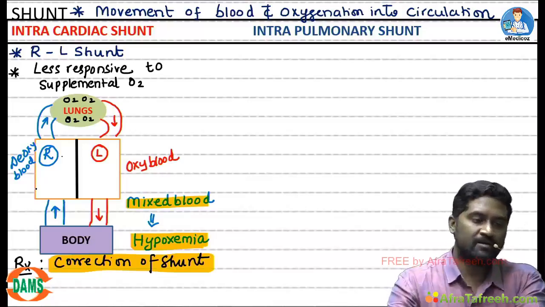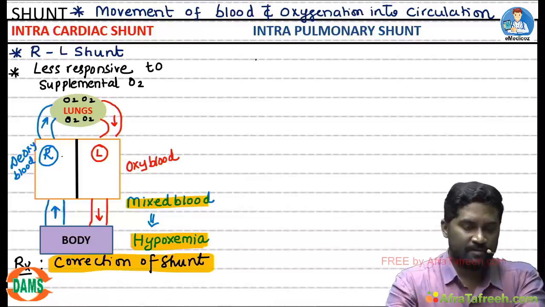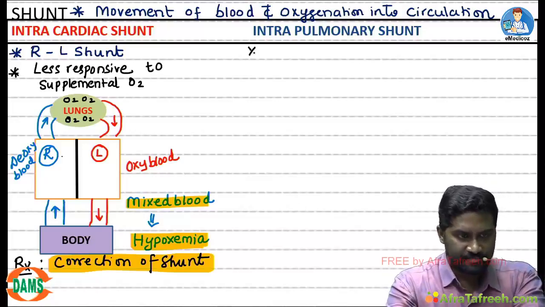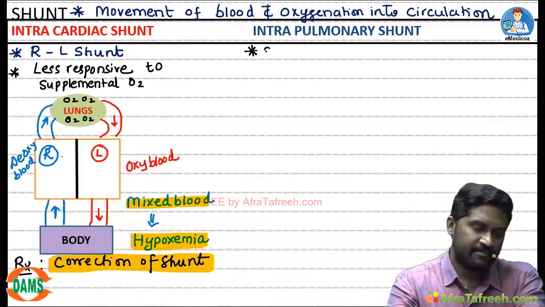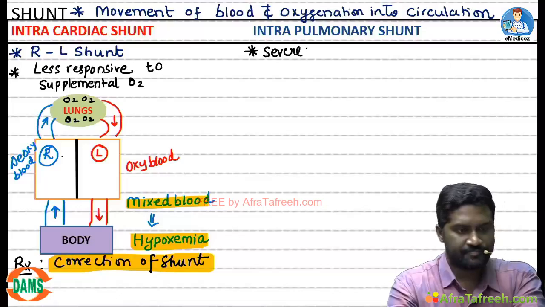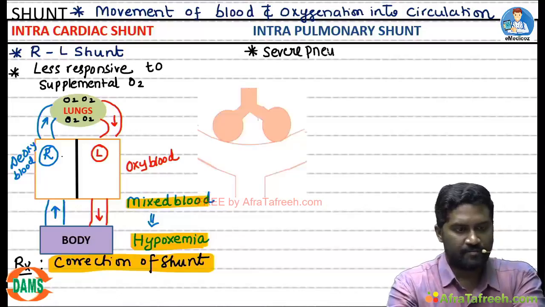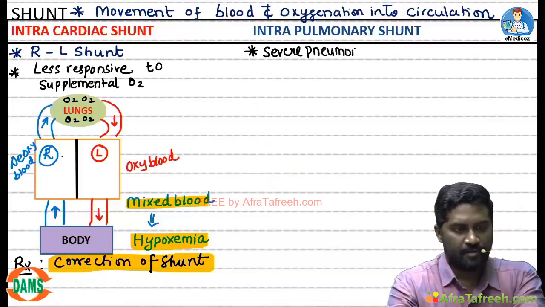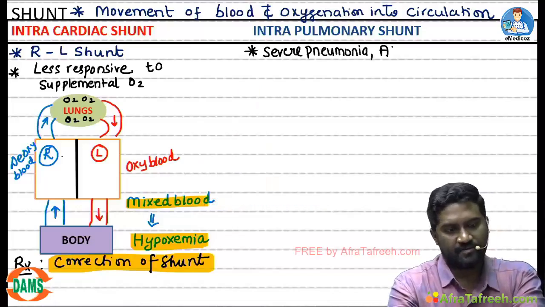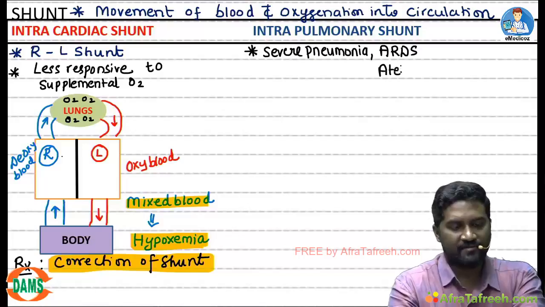Coming to intrapulmonary shunt. Intrapulmonary shunt can happen in severe pneumonia, ARDS, acute respiratory distress syndrome, atelectasis.